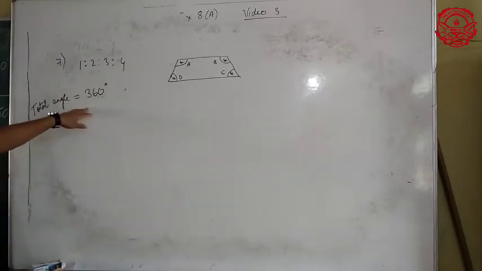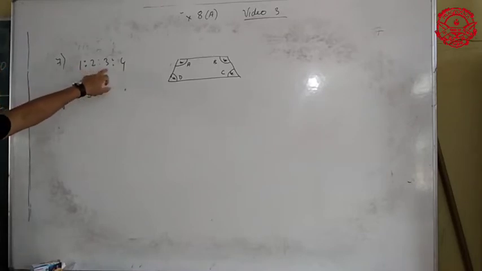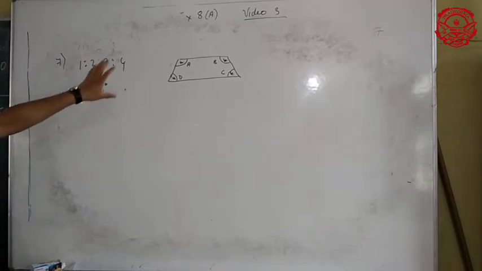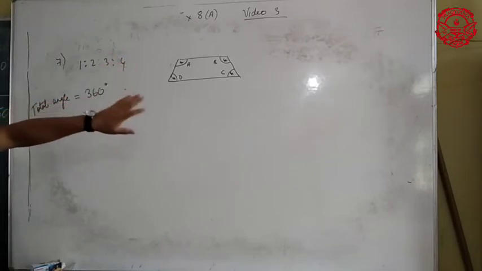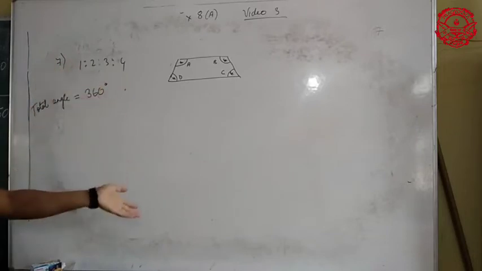This 360 degrees is split into 4 parts. We need to form the ratio and then calculate the amount of the angle that A, B, C, and D are having. You can follow the X method or the other method. This time I am doing X.